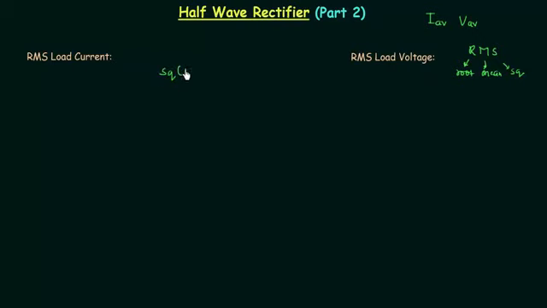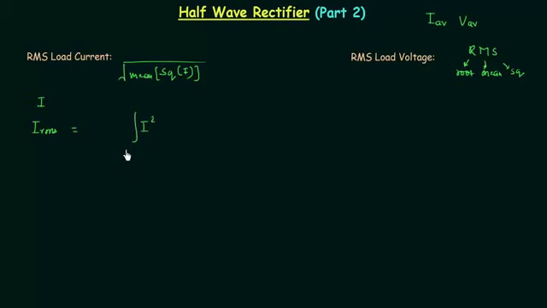Let's say load current is I. So first we will calculate the square of I, then we will calculate the mean of I square, and finally we will calculate the square root. Let's say the load current is I and we have to calculate I RMS, the root mean square value of load current, and it is equal to the square root of the mean of I square.